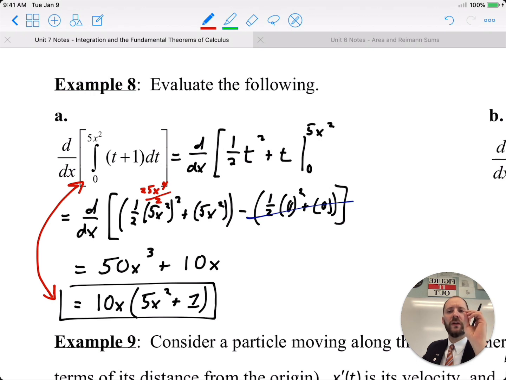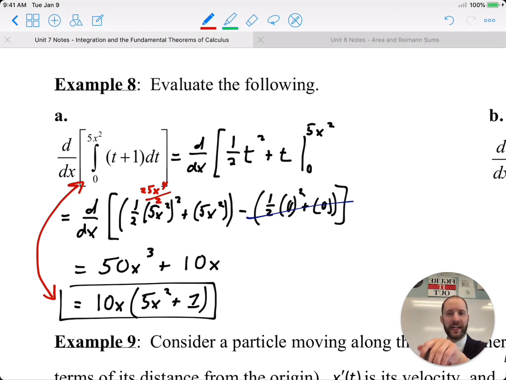So when your upper bound, lower bound, or both are functions, there is a shortcut you can do. You can do this work like you have, of course. You can do that. You can also remember a shortcut, okay? You have your integrand, t plus 1, changed into 5x squared plus 1.